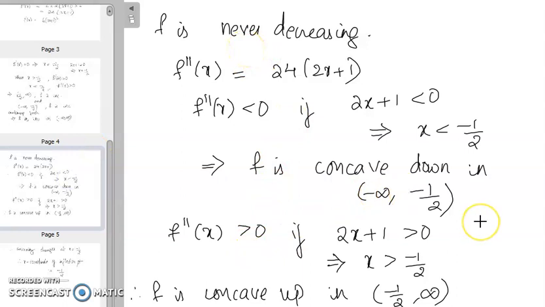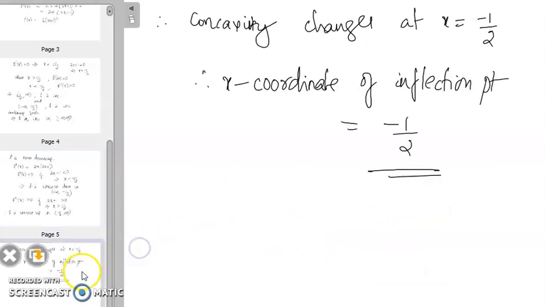It is concave down from minus infinity to minus 1 by 2, and concave up from minus 1 by 2 to infinity. And last one, the x coordinate of the point of inflection is minus 1 by 2. And we will look at one more problem.